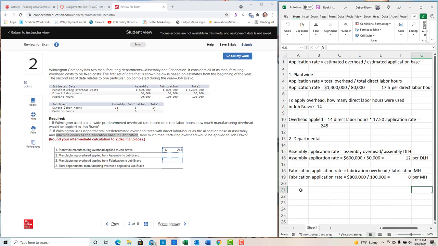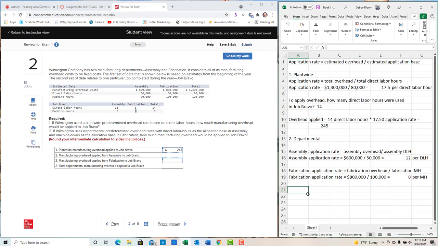Now we have to apply the overhead, and once again the overhead is going to be applied in each category. In the assembly department, since our application base is direct labor hours, we care about the direct labor hours, we do not care about the machine hours. In the fabrication department, we're going to care about the machine hours, but we're not going to care about the direct labor hours, and the total doesn't matter.